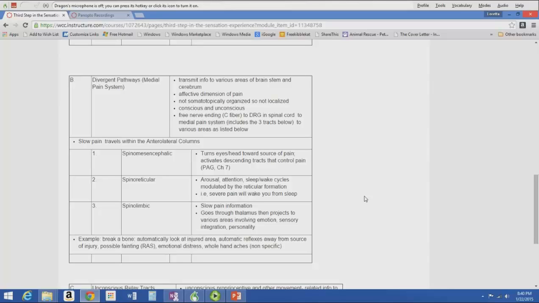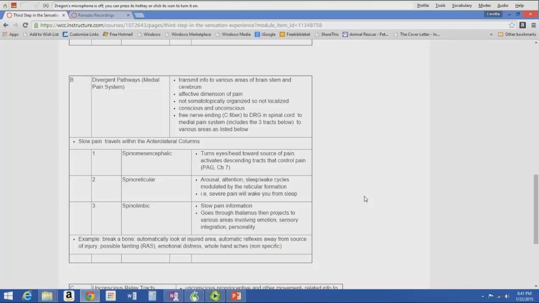The areas of the cerebrum that it transmits to are not somatotopically organized, so they're not very localized. The kind of pain that is transmitted in those divergent pathways in the medial pain system is not well localized like the fast pain system in the anterolateral column. So that's more like that diffuse aching pain.